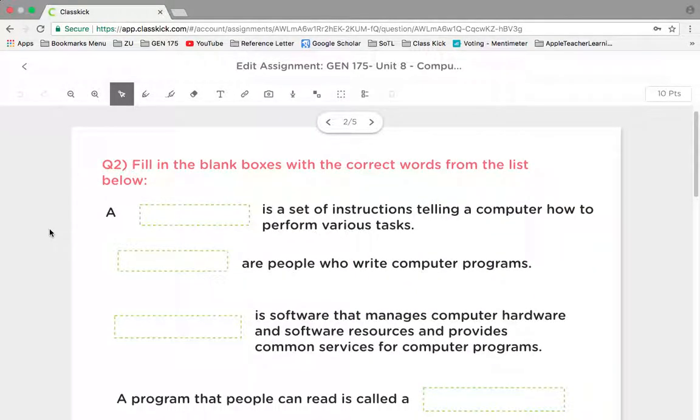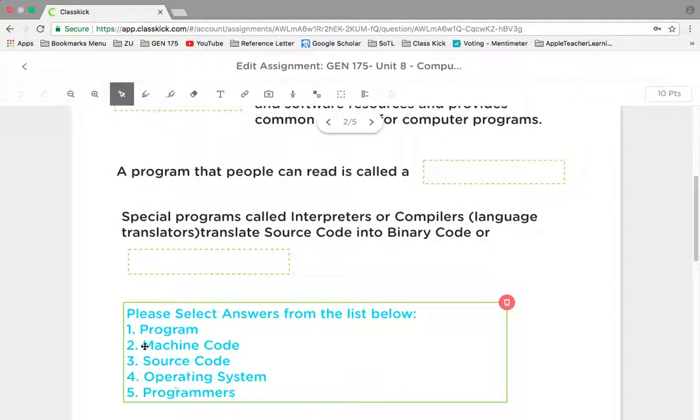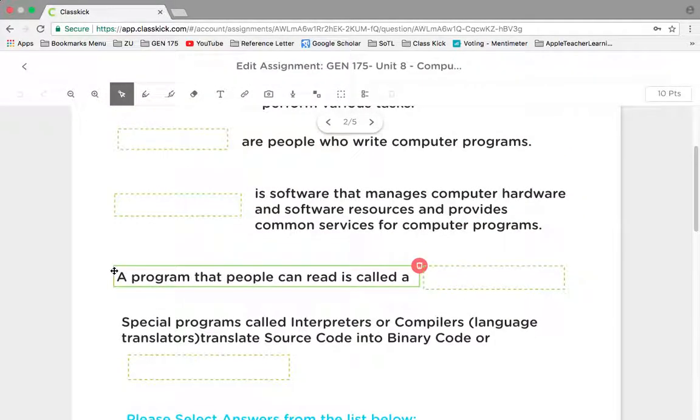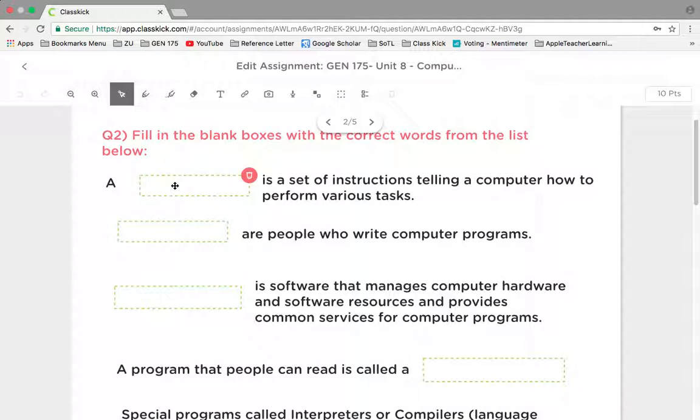For question 2, I told them to fill in the boxes with the correct words from the list below, and I have given them the list of correct answers below. What is nice over here is that as they enter the answers, it turns green, and if they enter the wrong answer, it will turn red. So it is like an instant way of giving them feedback on whether it was right or wrong.